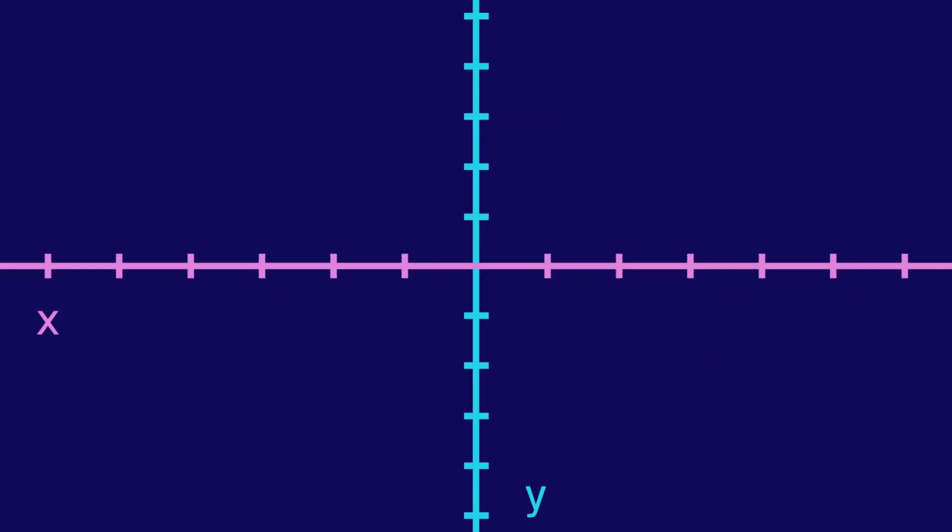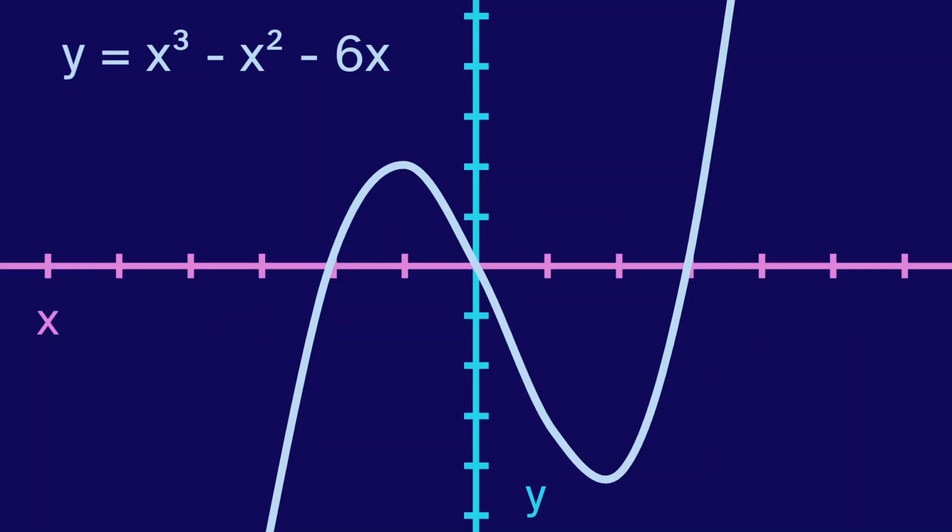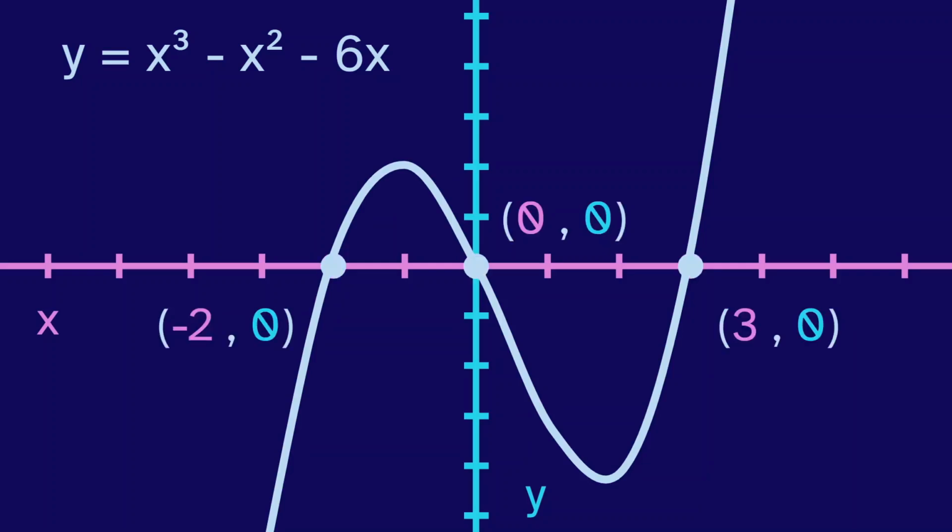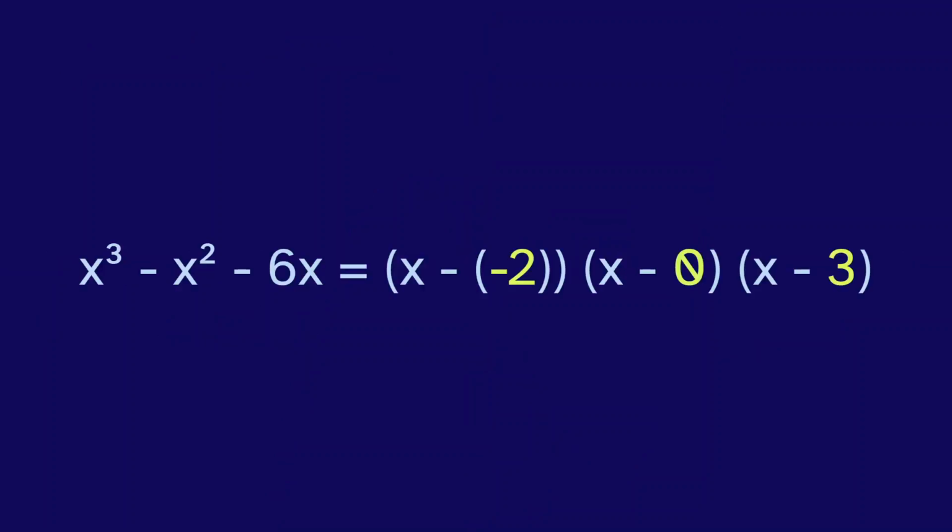We could do the same thing with an even higher power. Now we have x to the third power, and graphing this, we see there are now 3 roots, -2, 0, and 3. And again, we can use those roots to get a linear factorization, and this continues more generally.